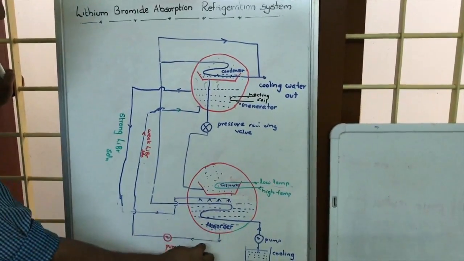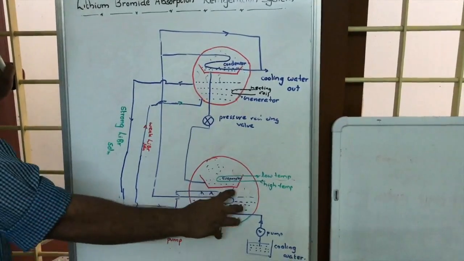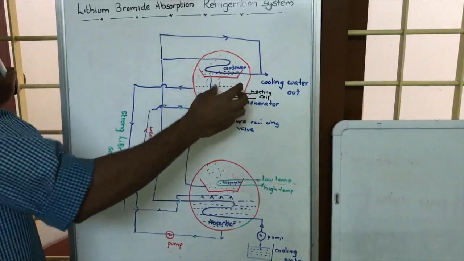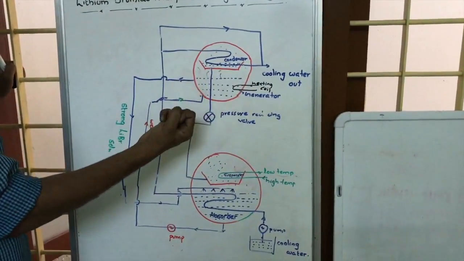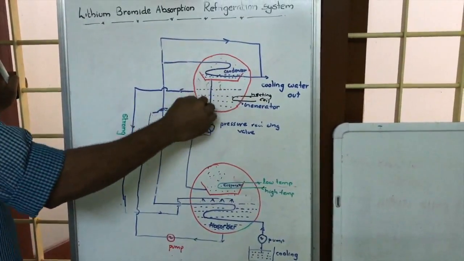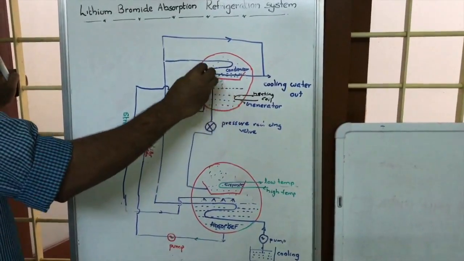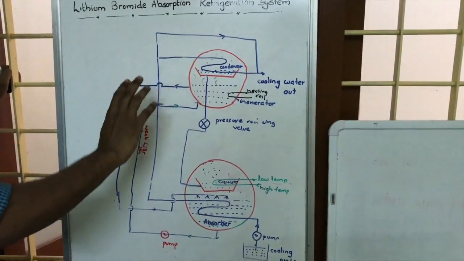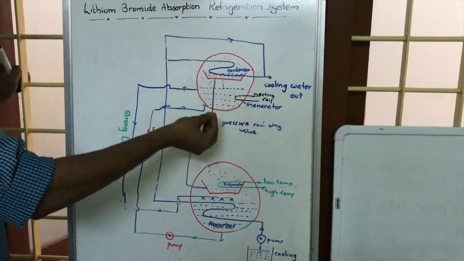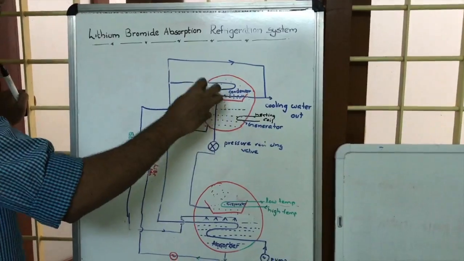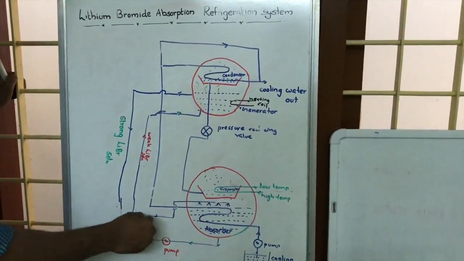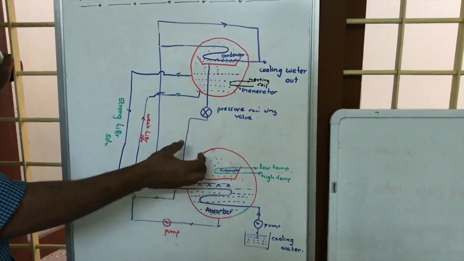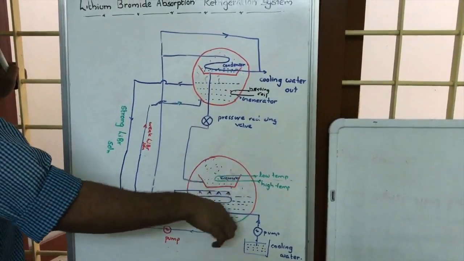From the absorber we are pumping this weak solution to the generator. In the generator, by adding heat we are extracting this water out of the solution, such that we are getting a strong solution, and this water is cooled by an external mechanism. A part of this highly concentrated solution available here is fed through this sprayer, so that the absorbing purpose is continued in this absorber.